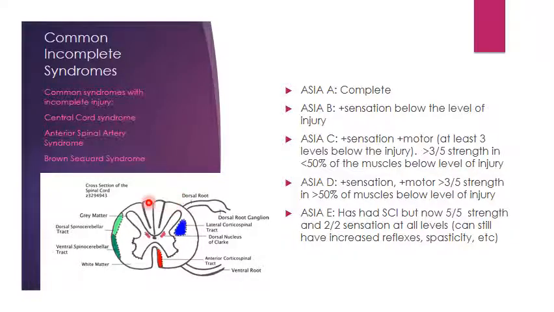Usually they'll have more of an issue in their upper extremities because that's at the level of the injury, and their legs don't have as much effect. But they'll have light touch and vibration changes, maybe cold temperature and pinprick are a little better, but that's a very, very common incomplete spinal cord injury, especially as our population ages.